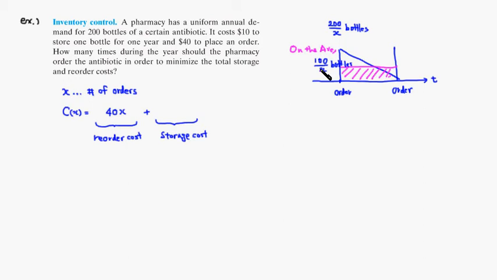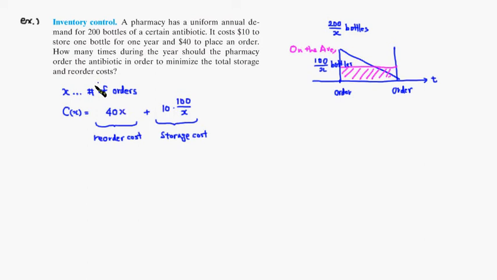On the average, we are storing 100 over x bottles. So then we can compute the storage cost. We have 100 over x bottles stored on the average, and each bottle costs $10 to store, so you multiply by 10.